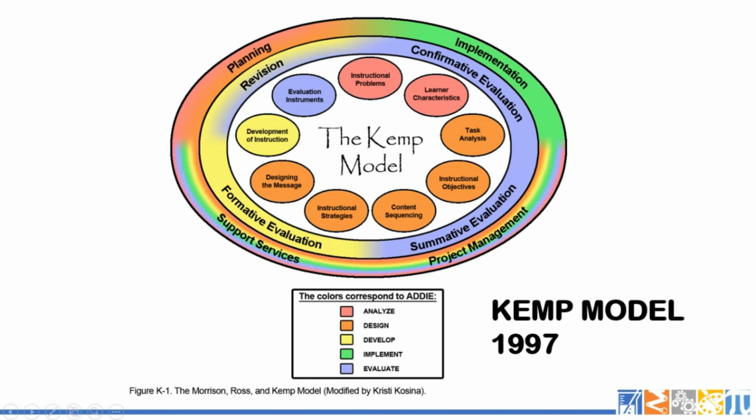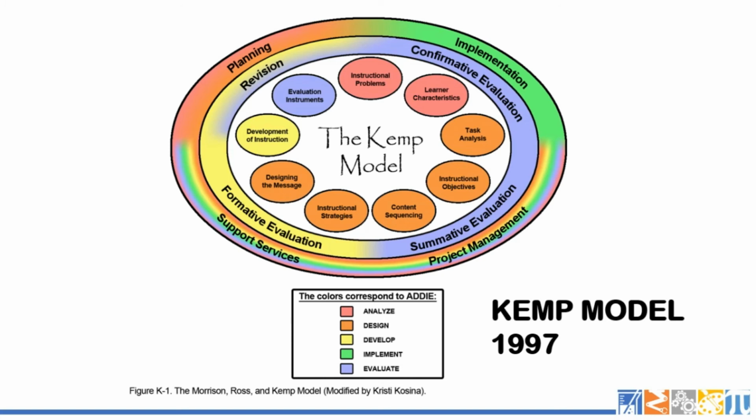The Kemp model emphasizes the interdependencies of each step in the process, highlights the importance of evaluation, and recognizes more environmental factors in educational settings such as resources and support, budget, facilities, time, equipment, personnel, and materials.